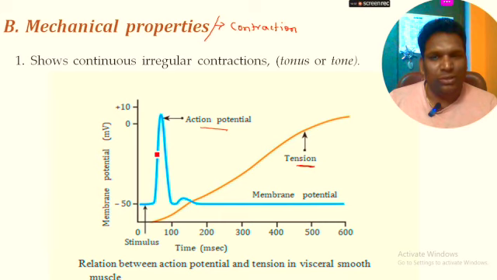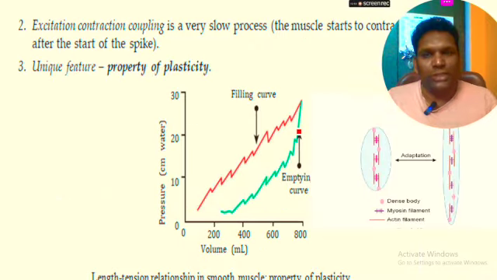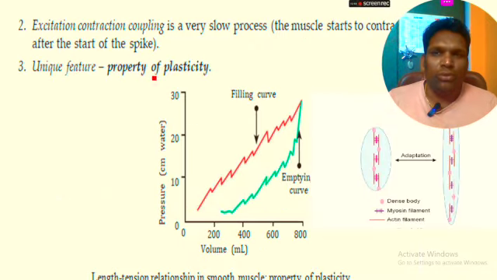The other one, excitation contraction coupling, is a very slow process compared with the skeletal muscle fiber, because the muscle starts contracting about 200 milliseconds after the start of the spike.